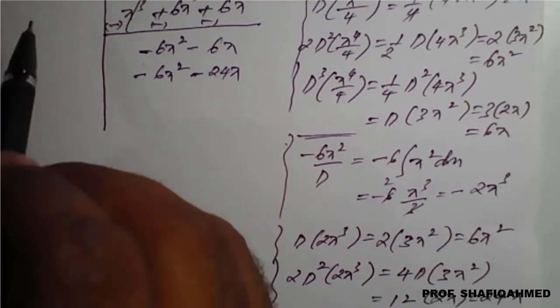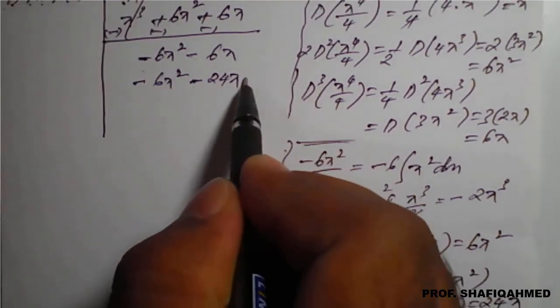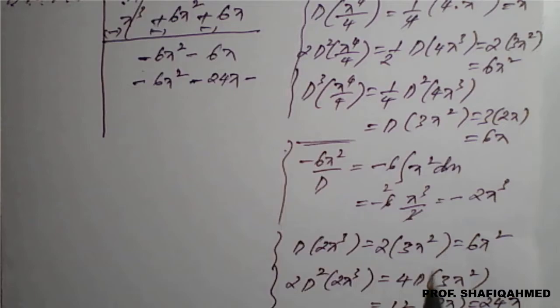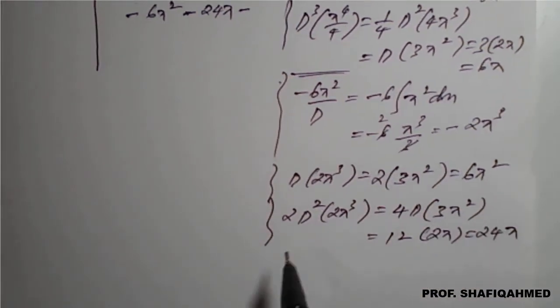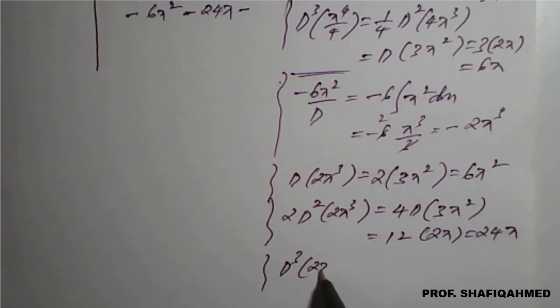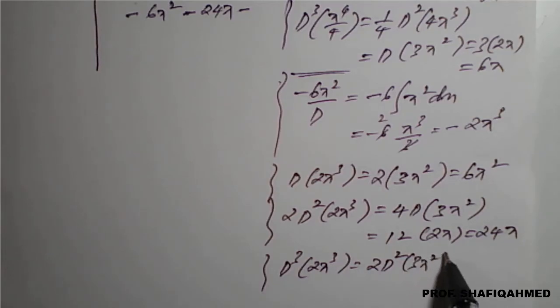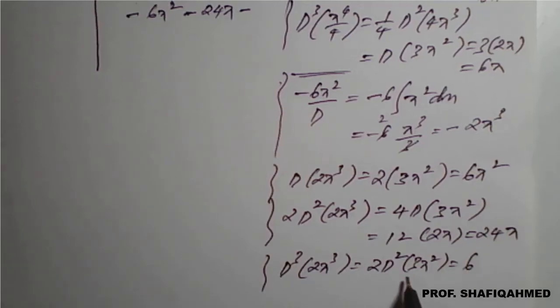Next again plus into minus is minus. D cube of 2x cube. So 2 is a constant. One time differentiation of x cube is 3x square. So 3 twos are 6. Then one more time differentiation of x square is 2x.